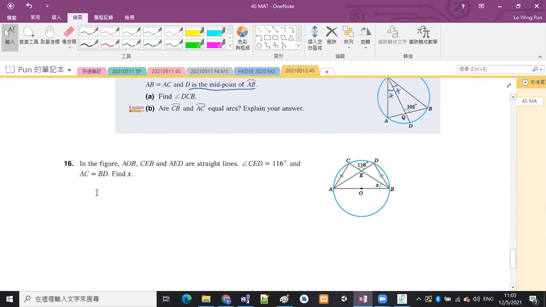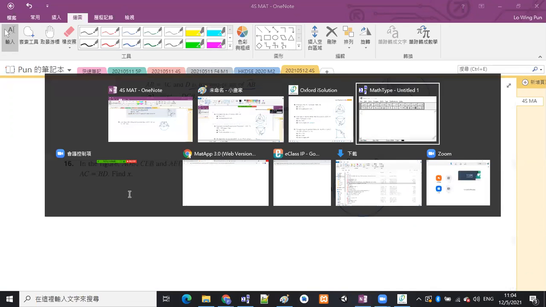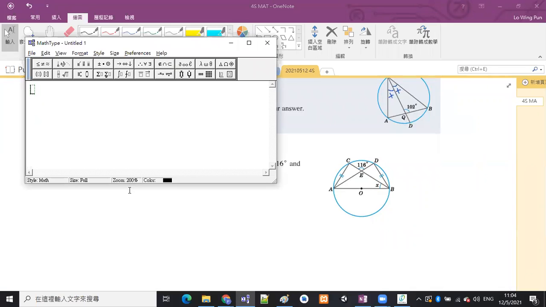Equal chords, then we have equal arcs and equal angles. And chord AC corresponds to this X. And then chord BD corresponds to angle DAB, which means that because BD is equal to AC, therefore we can say that angle BAD is equal to angle ABC.